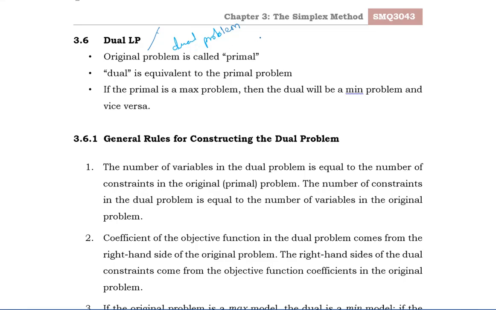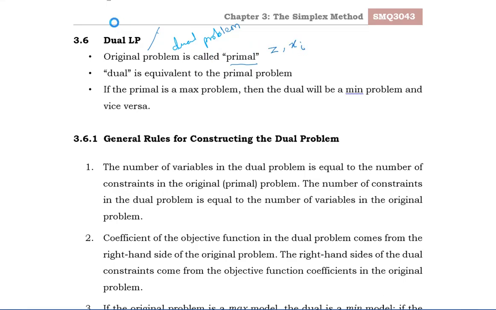Okay, for this week we will learn about dual LP, also known as the dual problem. In the past you have learned the LP problem which is known as primal. In the primal, the objective function is normally denoted by Z and the decision variables are denoted by xi.